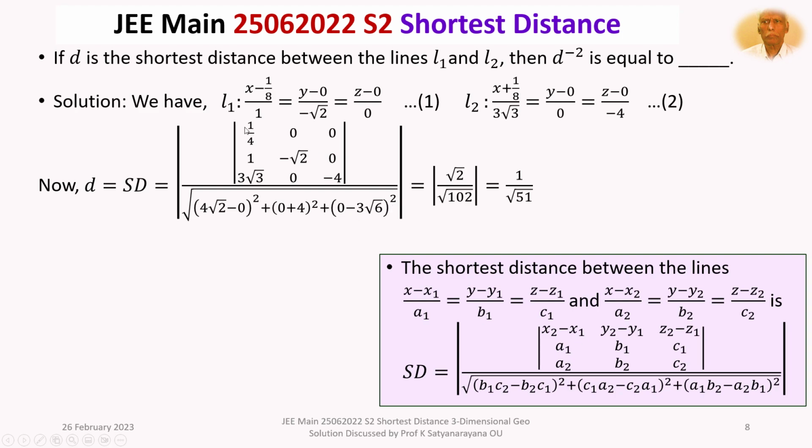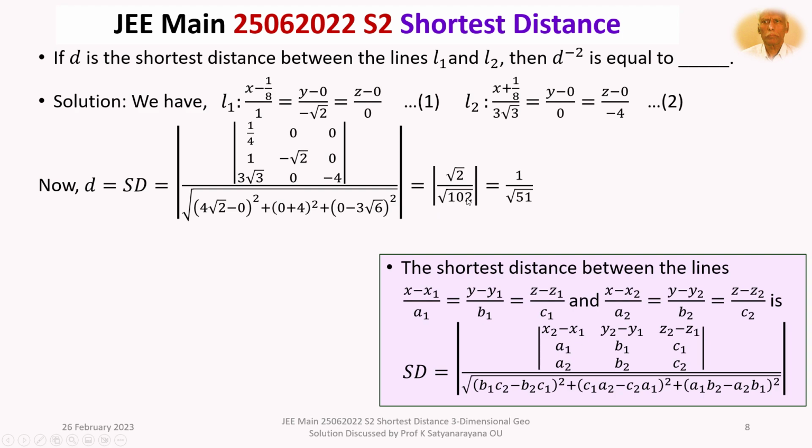Agreed. And this is an upper triangular determinant, and its value is the product of the diagonal entries, that is 1/4 multiplied by −√2 multiplied by −4, that is √2. When you simplify the denominator, you will get the square root of 102.